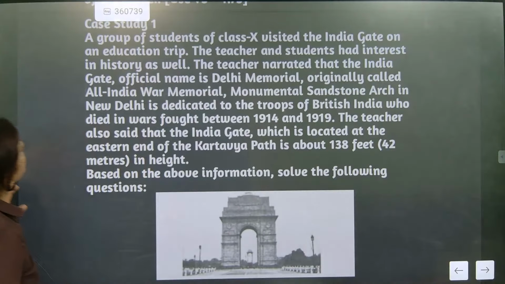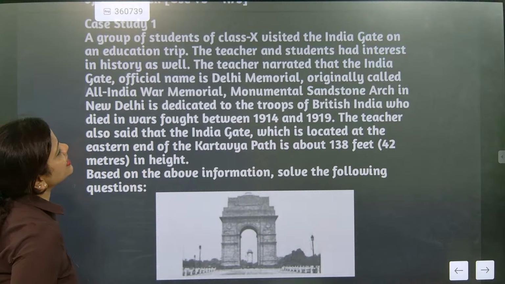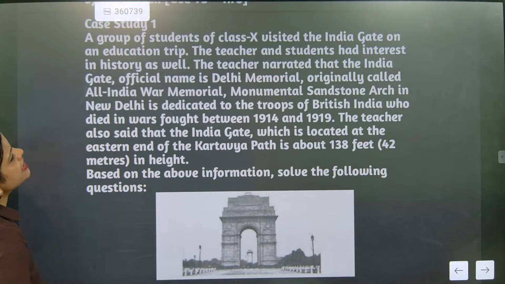Next question. A group of students of class 10 visited the India Gate on an education trip. The teacher and students had interest in history as well. The teacher narrated that the India Gate's official name is Delhi Memorial, originally called All India War Memorial.